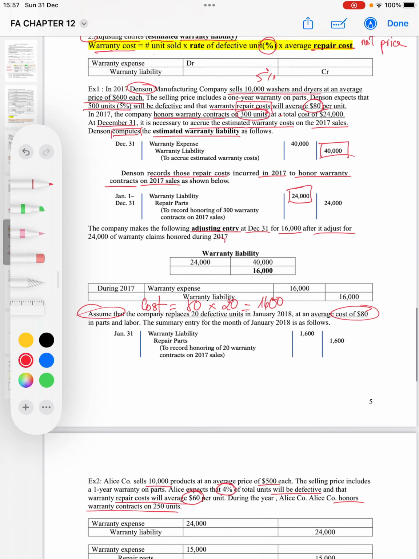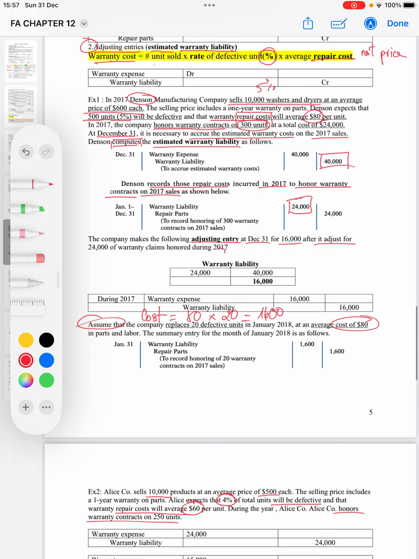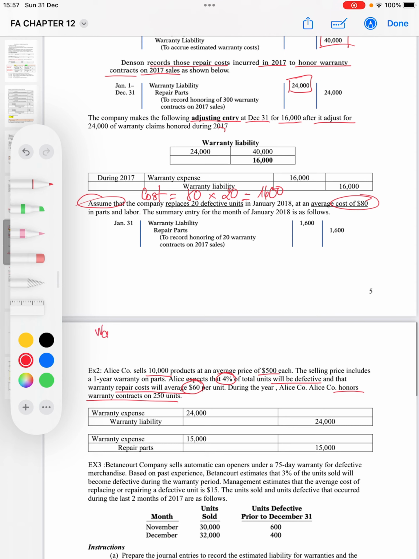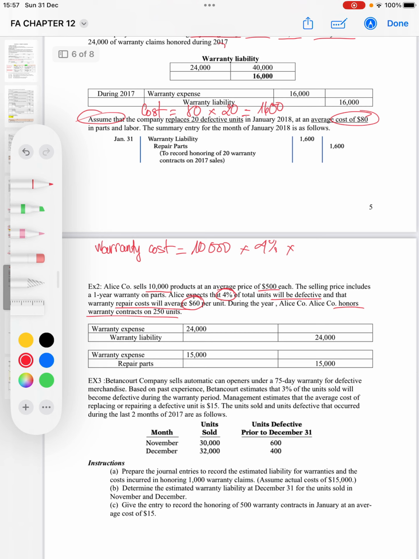The first, we have to do the adjusting entries. So we have to estimate the warranty cost: the total units sold is 10,000, multiplied by the defective rate of 4%, and multiplied by the repair cost of 60.